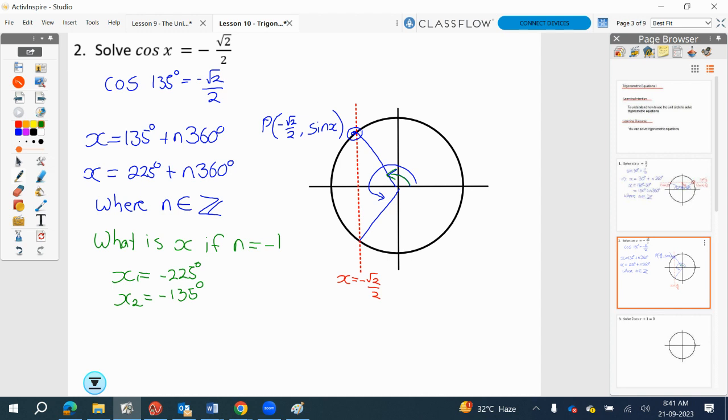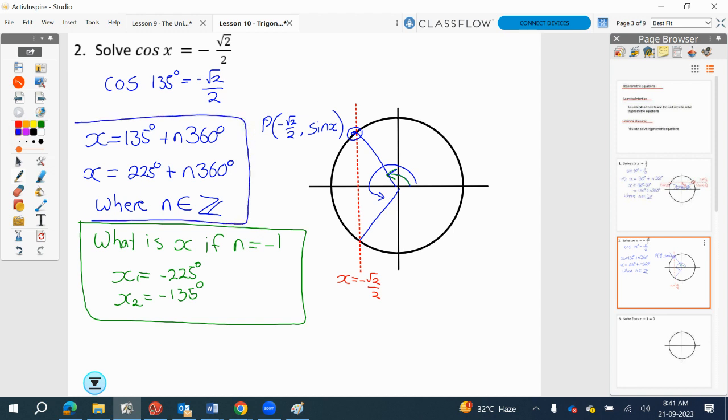So I really like cosine because we can write cosine in a simpler form than what the answer is. So at the moment, we've got this as our solution. But from our understanding here, look at this one. That's generated by that set. So we don't need to write two equations. We can say the solution is x equals plus or minus 135 degrees plus n 360, where n is an element of the set of integers.